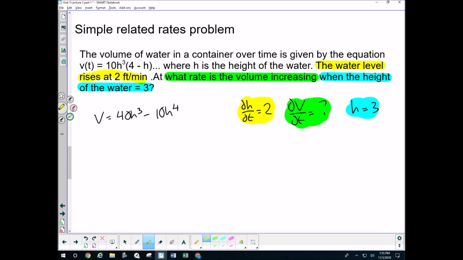Now we are ready to find dV dt. Well, the only way I can get dV dt is to take the derivative of this with respect to t. I'm actually going to change the height of the water from 3 to 1, just so that the calculations are a little bit easier.